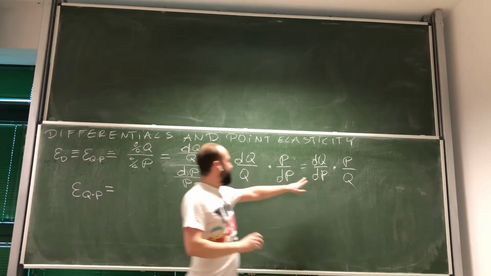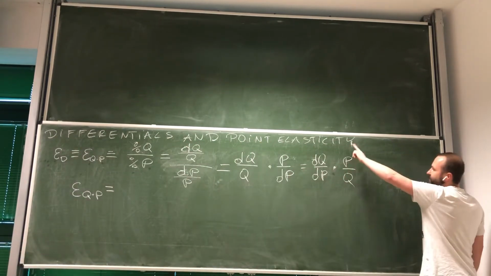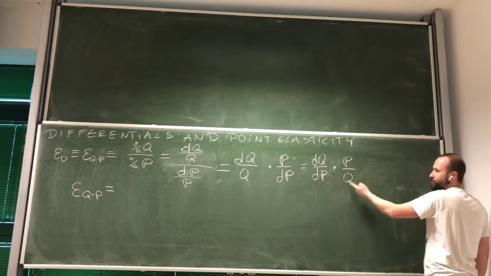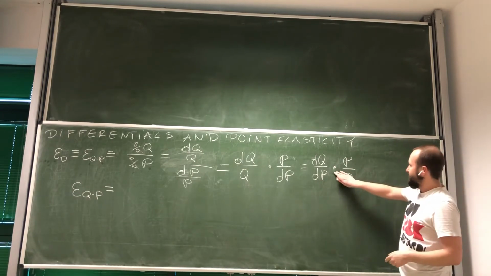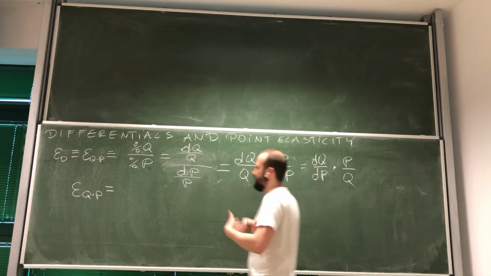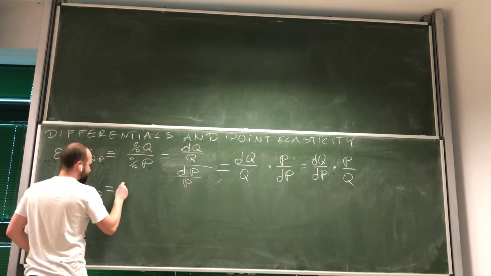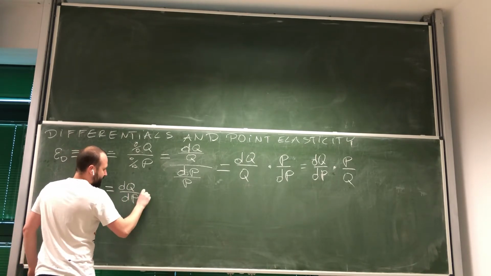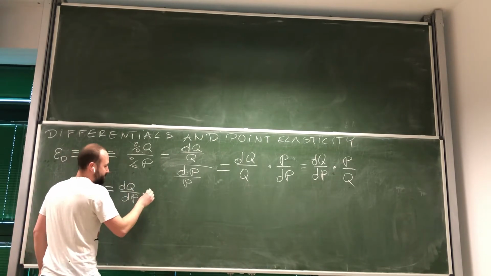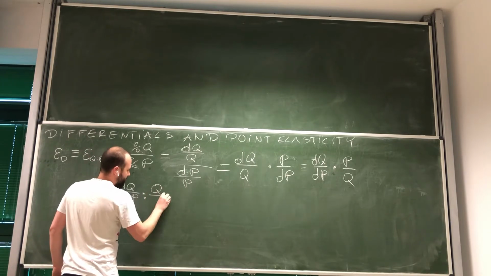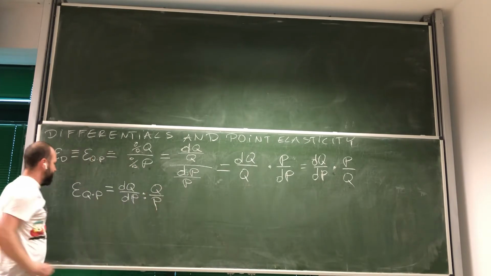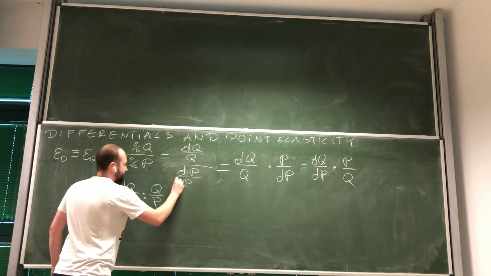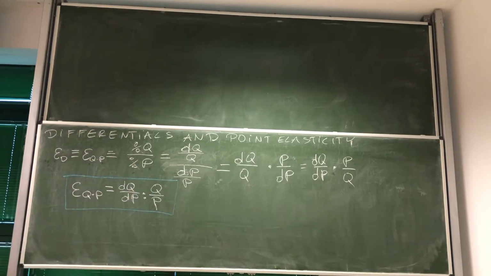What I'm going to do here is reverse the order of these variables. So the denominator is going to go into the numerator and vice versa. And I'm going to have then division instead of multiplication, right? So this is equal to dQ/dP divided by Q over P. And look, this is the formula for point elasticity.